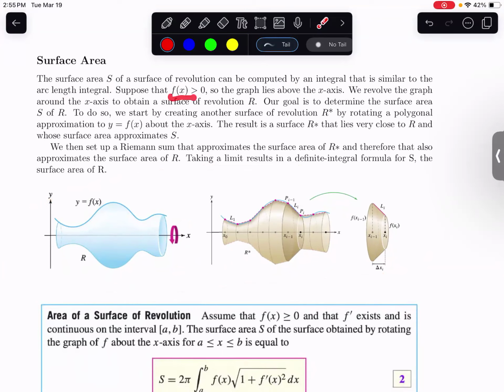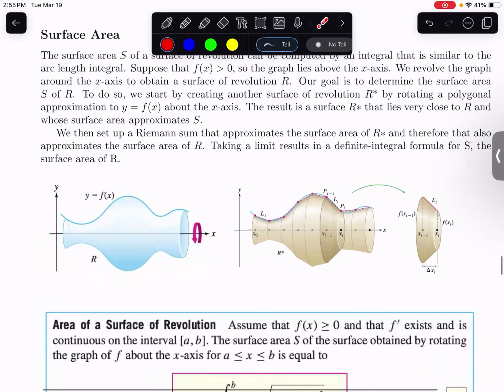We're always going to be supposing that f of x is greater than 0, so the graph lies above the x-axis. And so what we're going to be doing is looking at our original surface or region R, and we're going to be doing an approximation of that region, which is what's pictured here. So we have this R star, which looks similar to R, except it's not going to be as smooth.